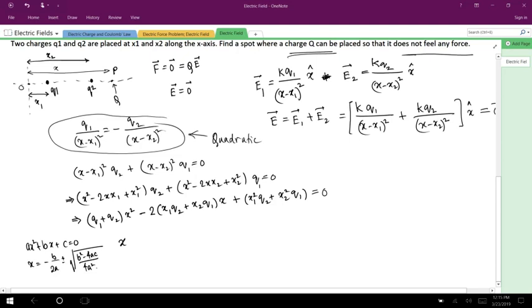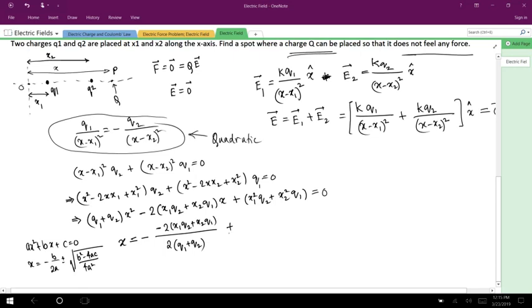Okay, so using that idea, we can write that x is equal to negative 2 times (x1 q2 plus x2 q1) divided by 2 times (q1 plus q2). Great.